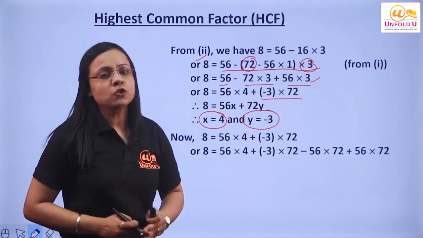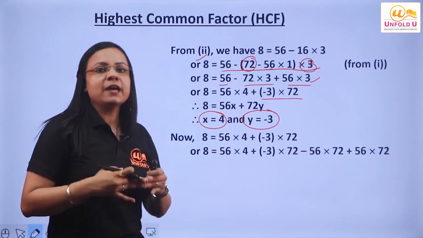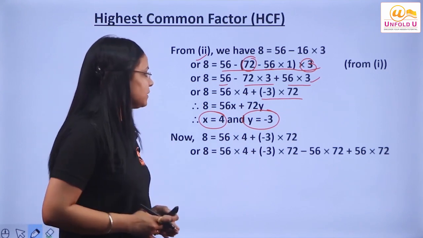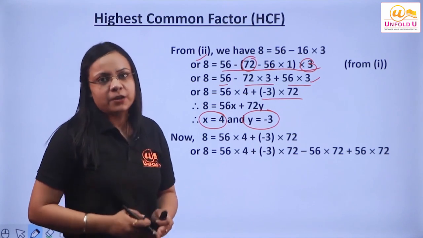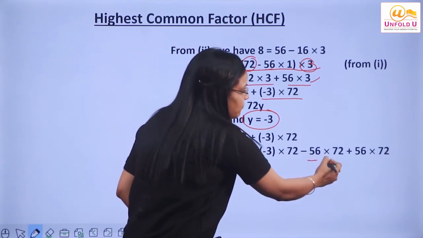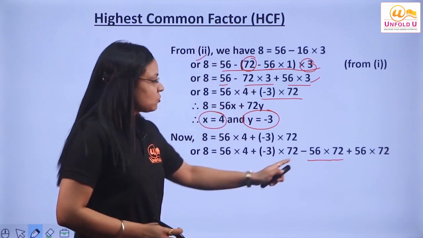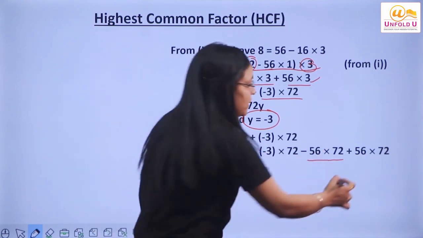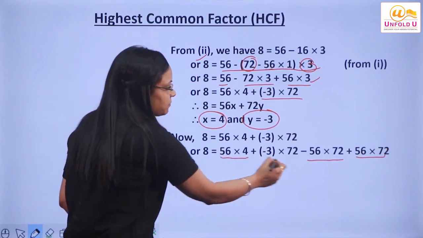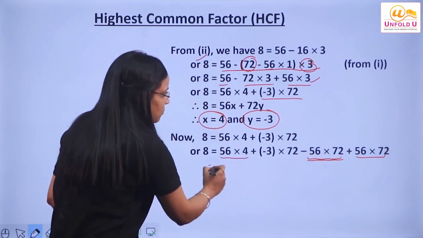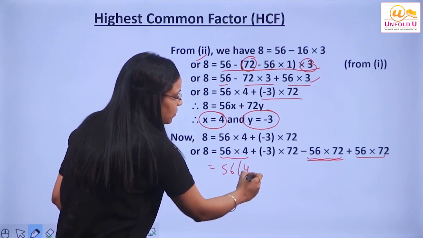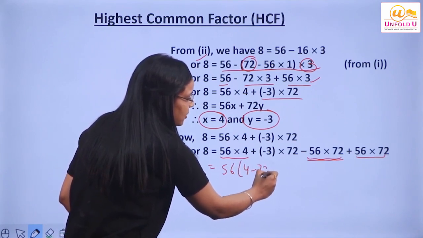Now we want to prove that x and y can have some other values also. So for this, we add and subtract the product of the given numbers, which is 56 into 72. So we subtract this and we add this also. So combining this term with this term, we get 56 is common. So inside we are left with 4 minus 72.